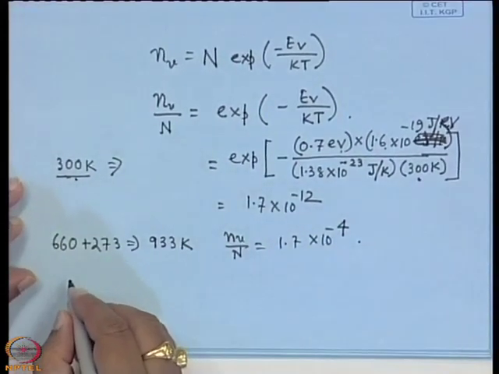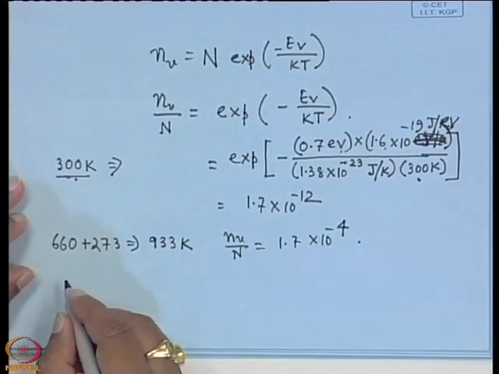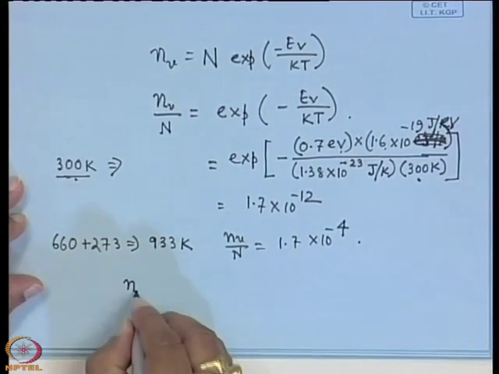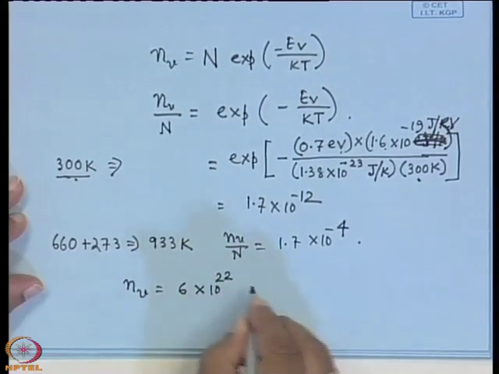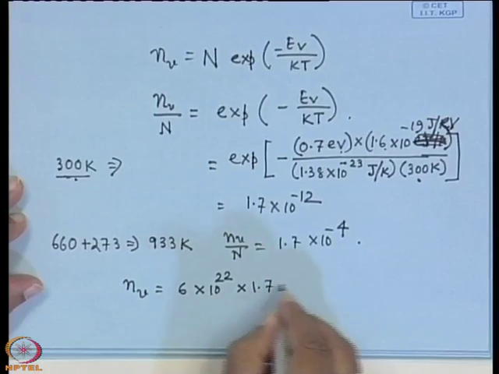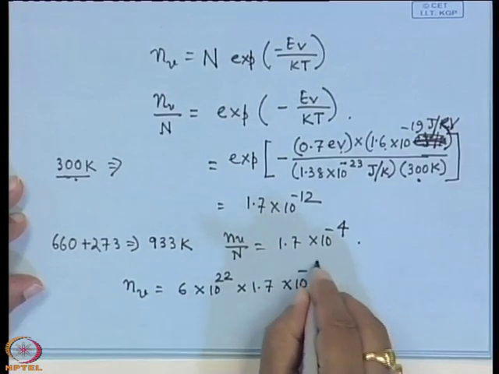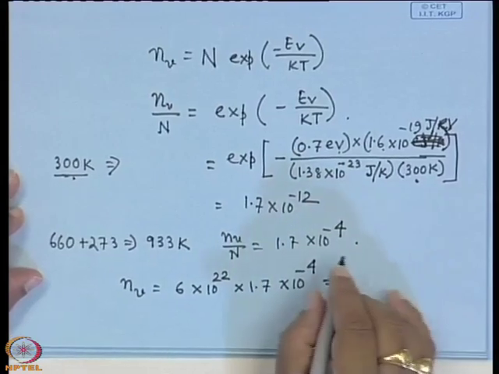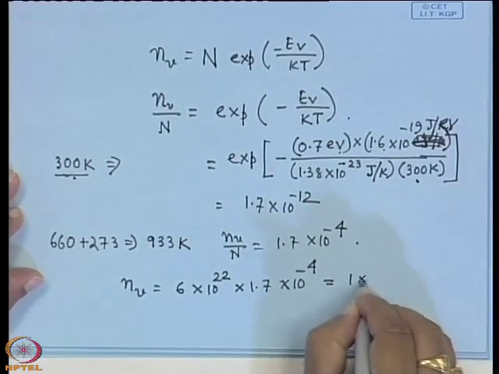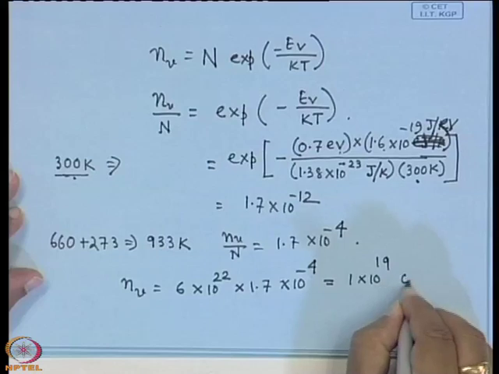Then what is the concentration of defect? Concentration of defect is N V equals N, which is 6 into 10 to the power 22, multiplied by 1.7 into 10 to the power minus 4, and you get 1 into 10 to the power 19 per centimeter cube.